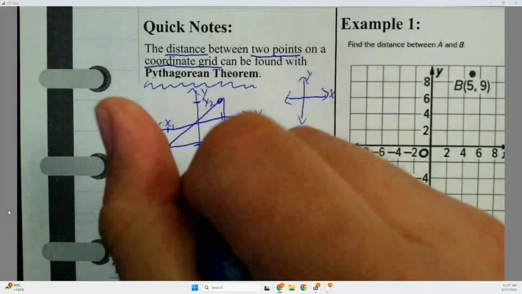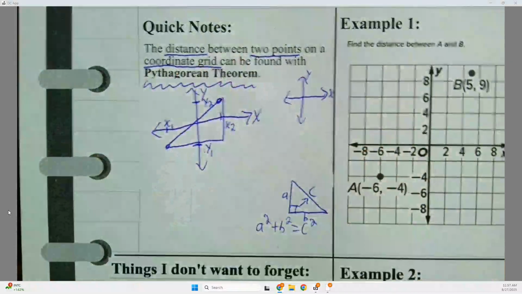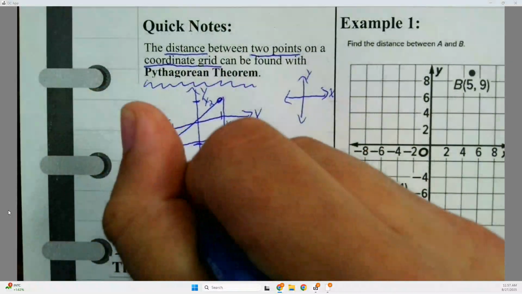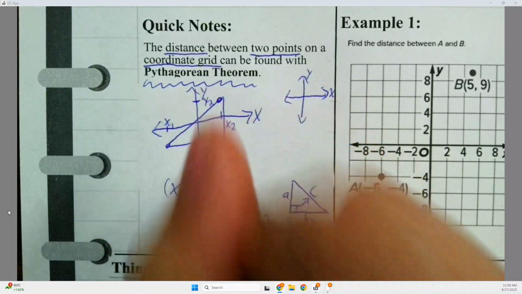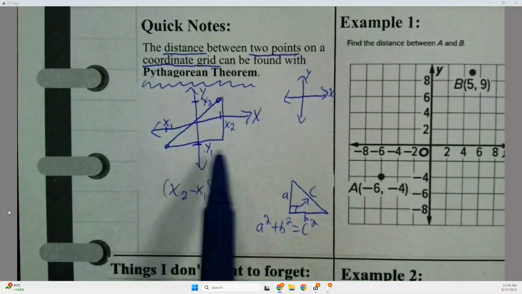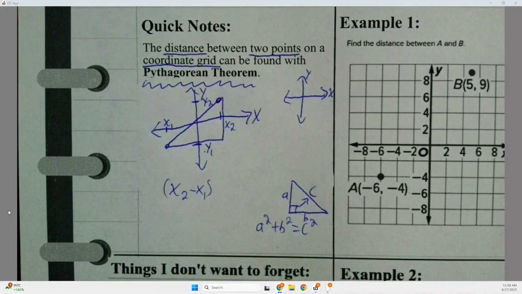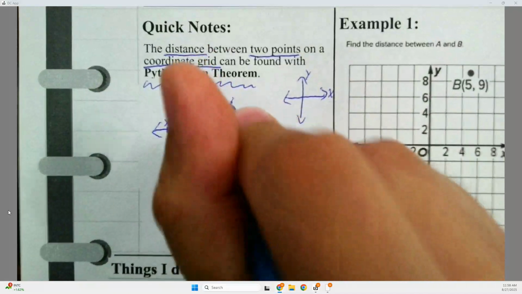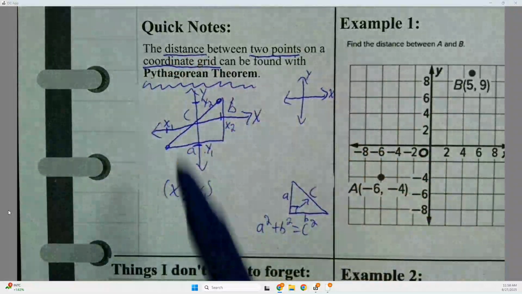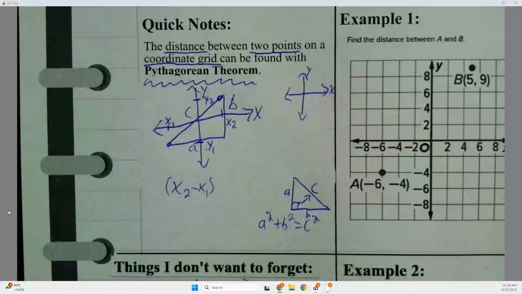So the length of my x's is x2 minus x1. That's what we did the first time. And this is going to represent one of my sides of my triangle. I'll call it A. The other one I'm going to call B, and then, as stated before, the long way across that diagonal, I'm just going to call that C.